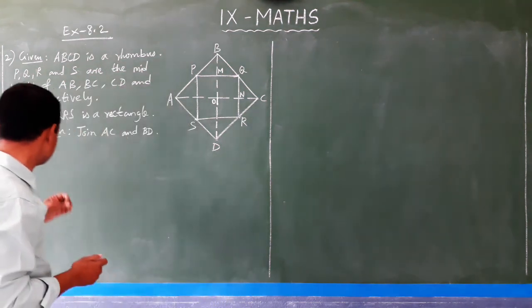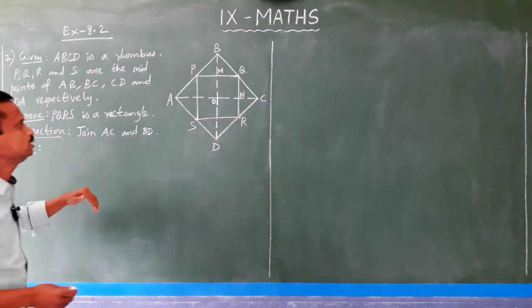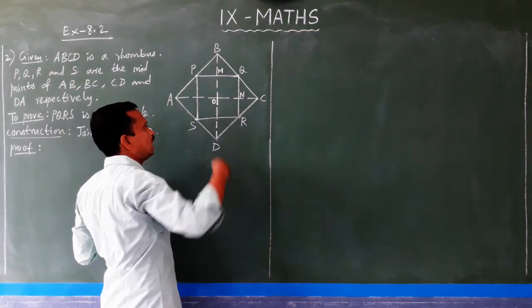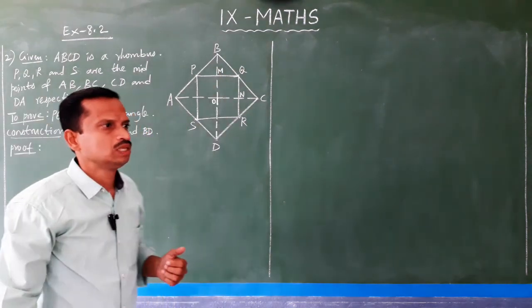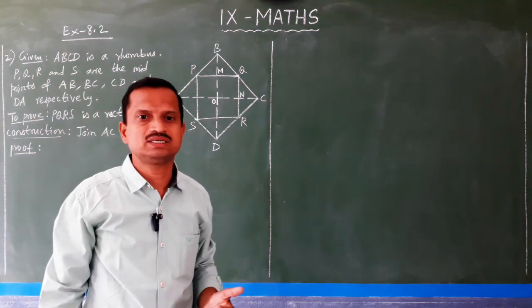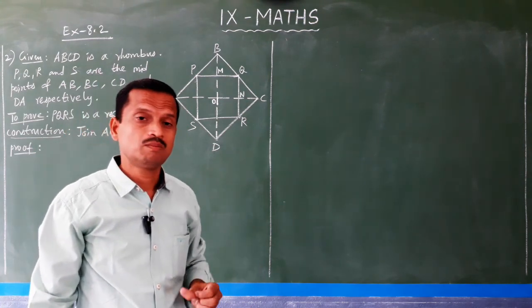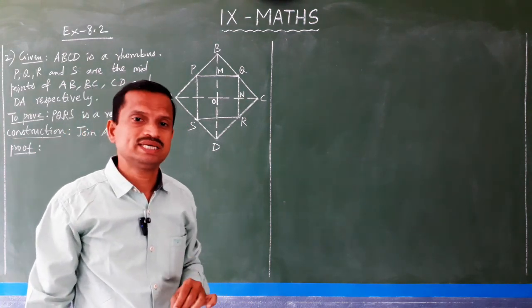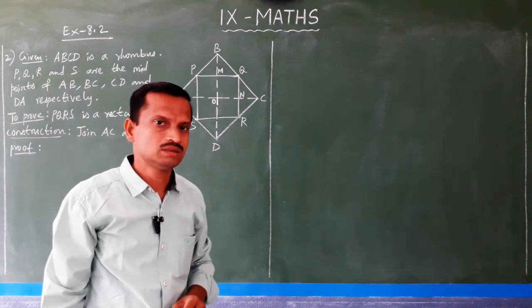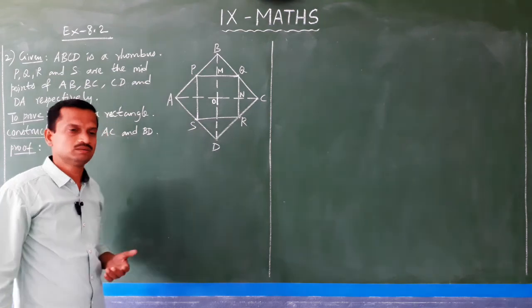Clear? Coming to the construction, you have to join the diagonals AC and BD. In a rhombus, the diagonals bisect each other at right angles, but they are not equal.